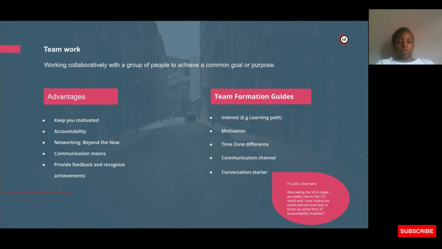Make sure your interest is aligned, right? Make sure you have your expectations well communicated, right? And also make sure you understand this person's motivation. You don't want to be with someone that will be dragging you back, basically. And that's not to say that you should be dragging someone else back as well. You want to be sure that the person has the same motivation as you.